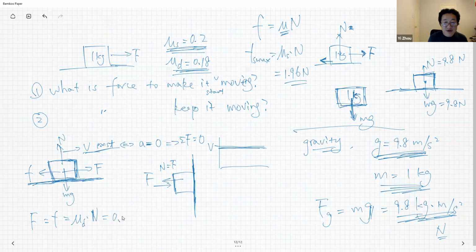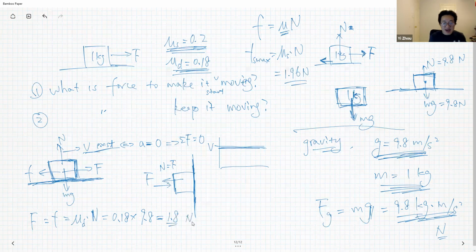So this is 0.18. The normal force is 9.8 Newton, right? So what is the force required to keep this box moving? 1.764. Yeah, but we just keep 2 digits, right? 1.8. Yeah, it's about 1.8.